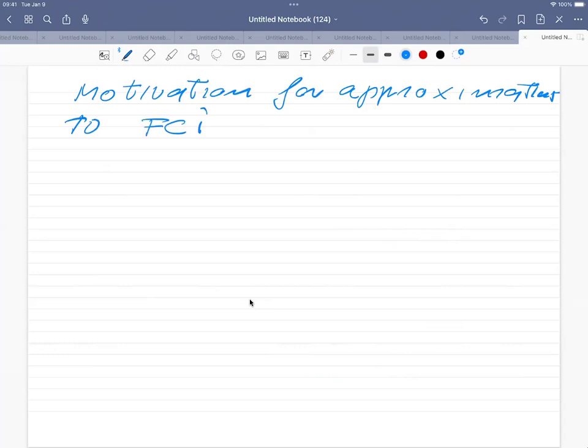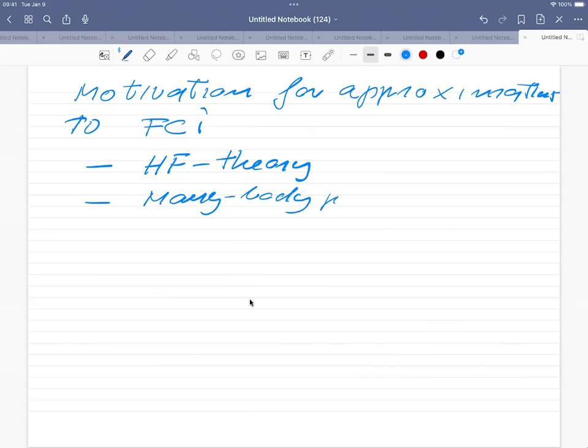So the first one is actually Hartree-Fock theory. The next one is many-body perturbation theory, which we will look at. And I will try to relate these methods to the equations for FCI. So suppose now that you can diagonalize exactly, then you have the eigenvectors.